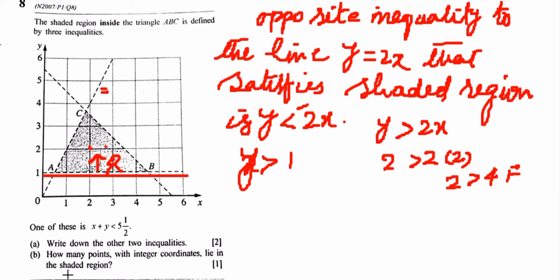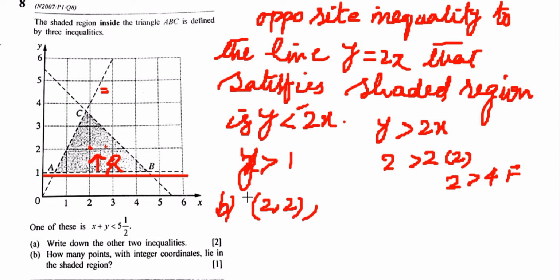Next, in the B part, how many points with integer coordinates lie in the shaded region? So one of the points in the shaded region is this one, x is 2, y is 2.